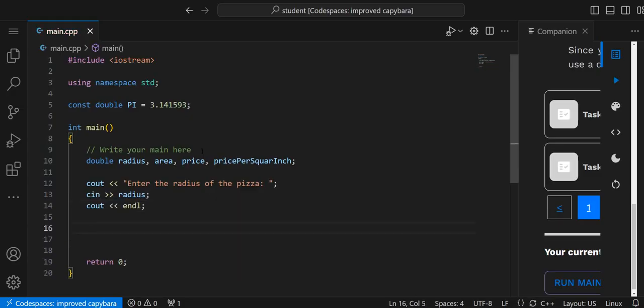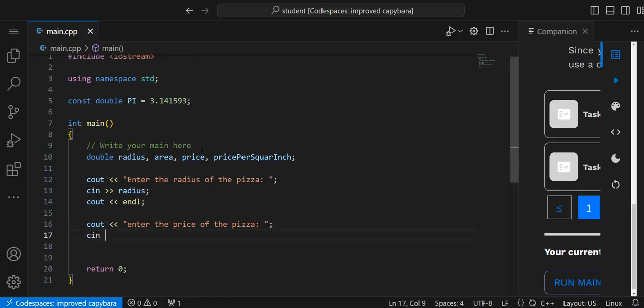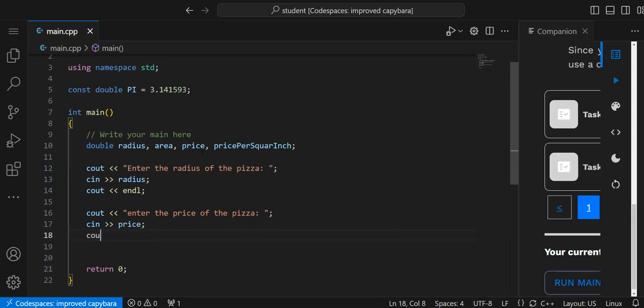Alright, now let's go to another one, and this time we're going to enter the price of the pizza. And let's run cin price, and then endl.